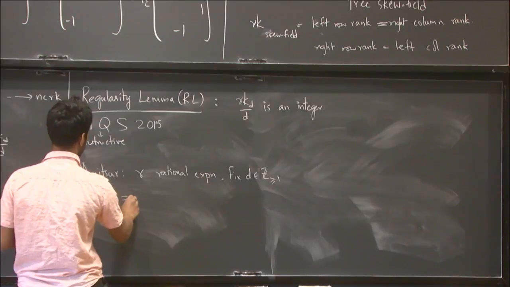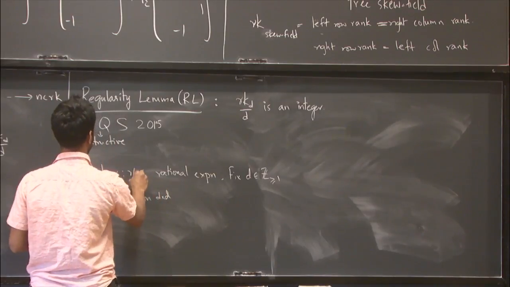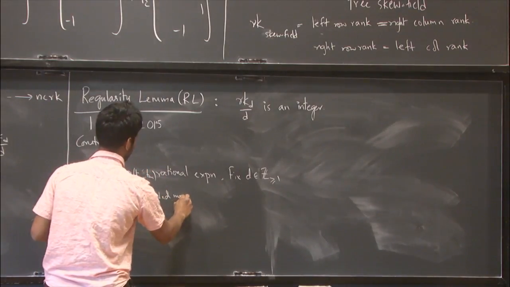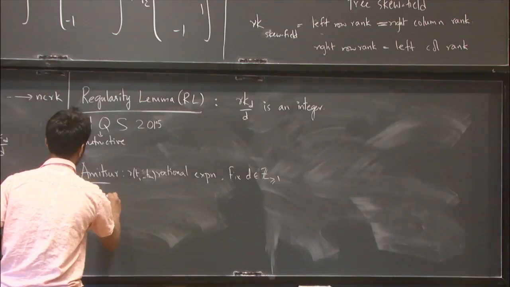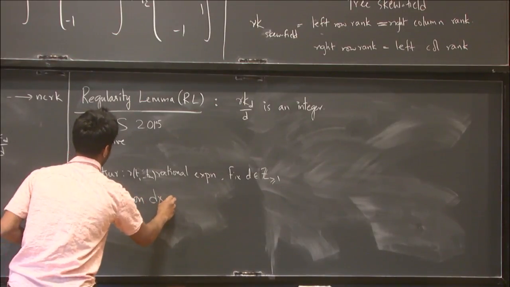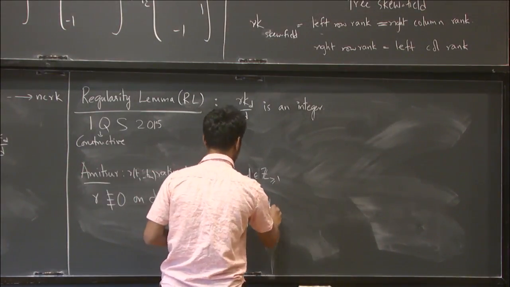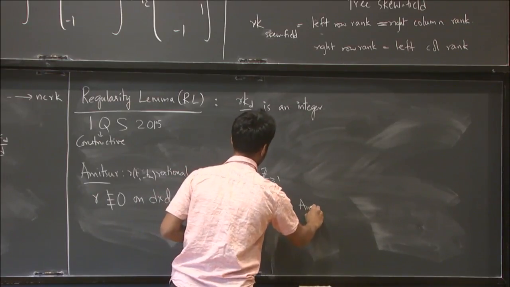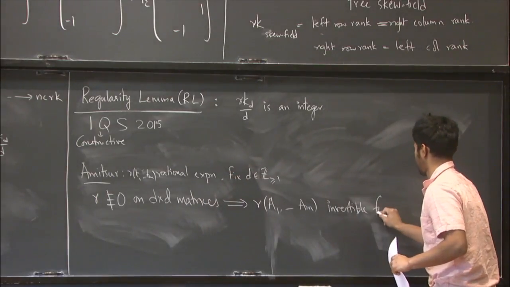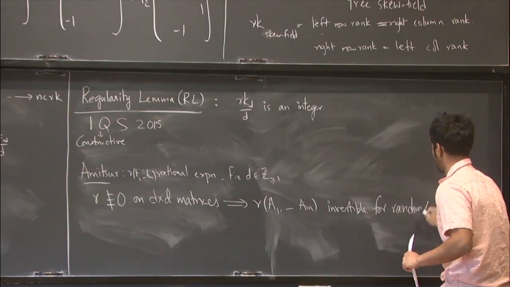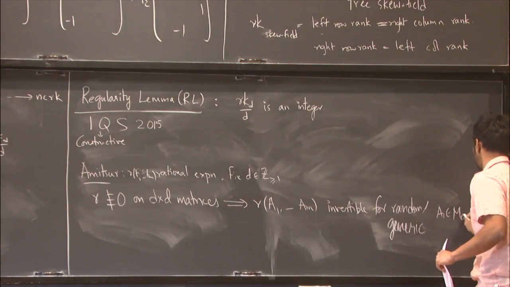Then Amitsur says if R is not identically 0 on d by d matrices, so let's say R has some number of entries t1 to tm on d by d matrices, then R on generic ones, or random if you wish, is invertible. For random, generic d by d matrices.